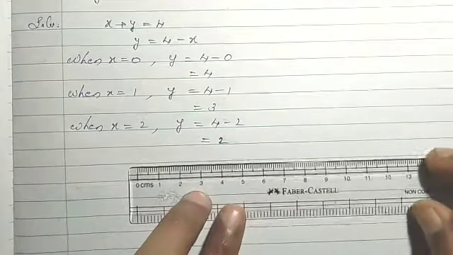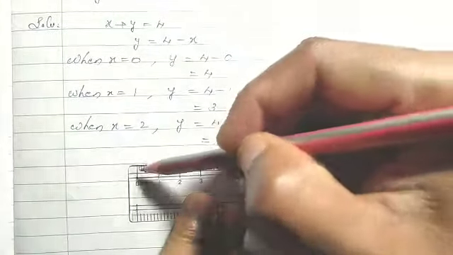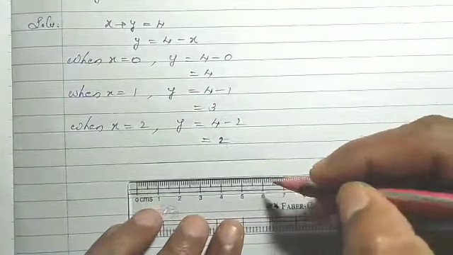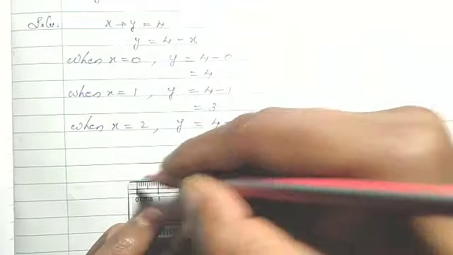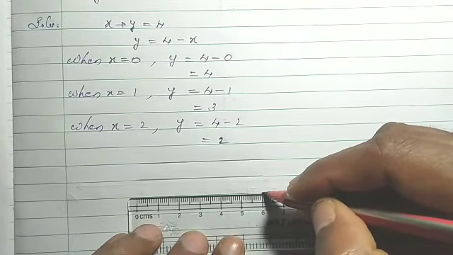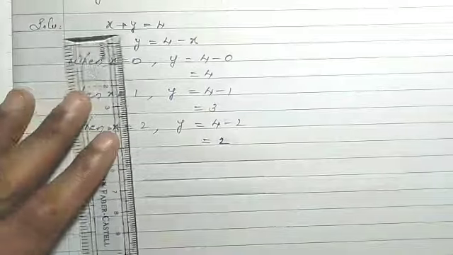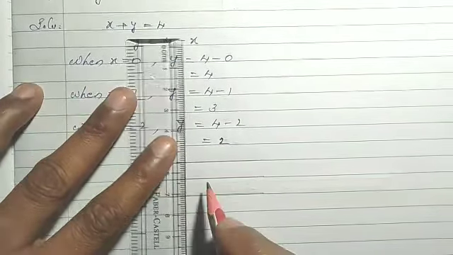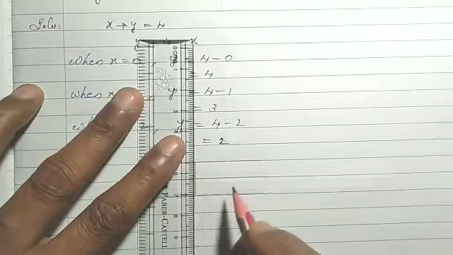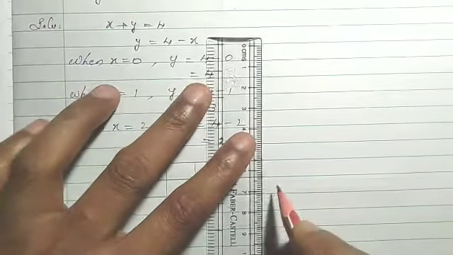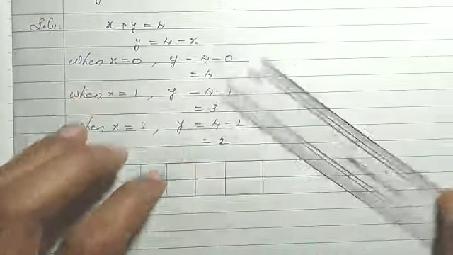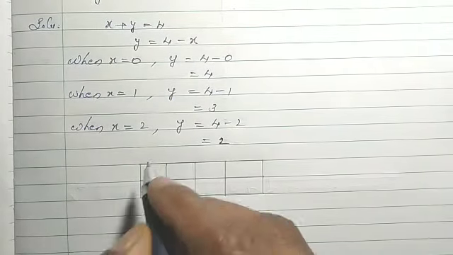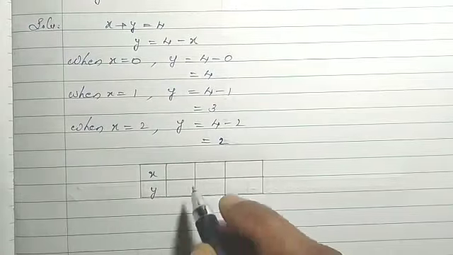After getting 3 solutions, you have to draw a table to write the solutions. Three columns we have to draw, and here we will write x and y.